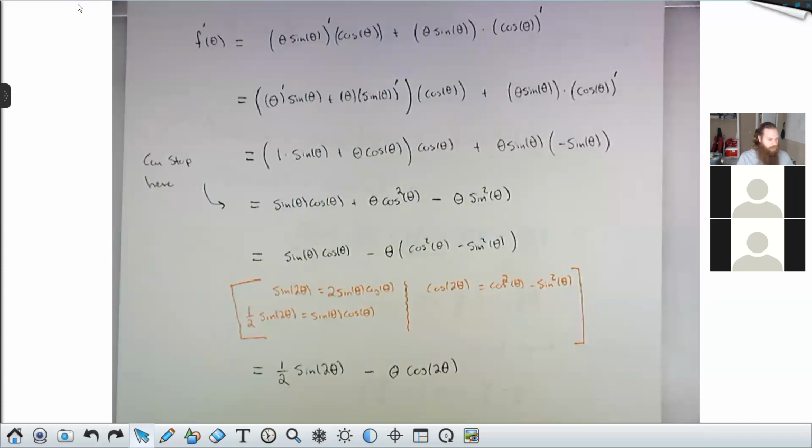Alrighty, this is a reasonable place to stop. So before I let you go, I got just a few minutes here to introduce the chain rule.